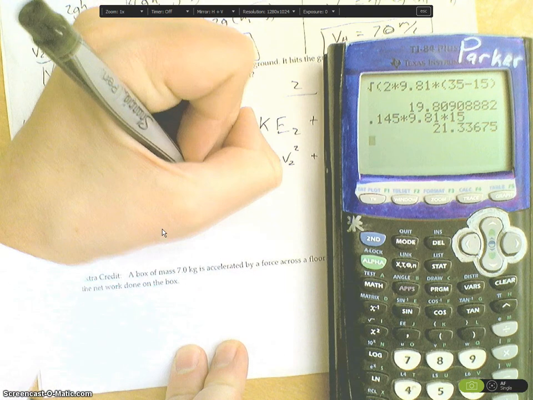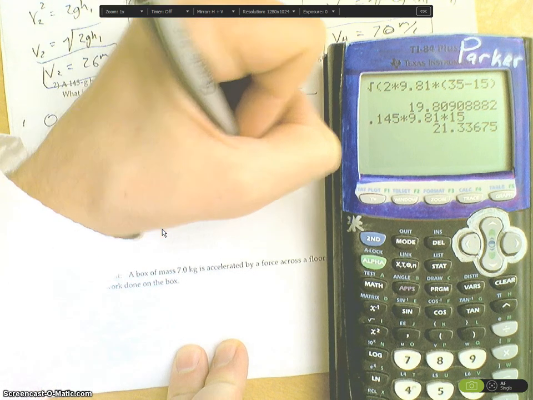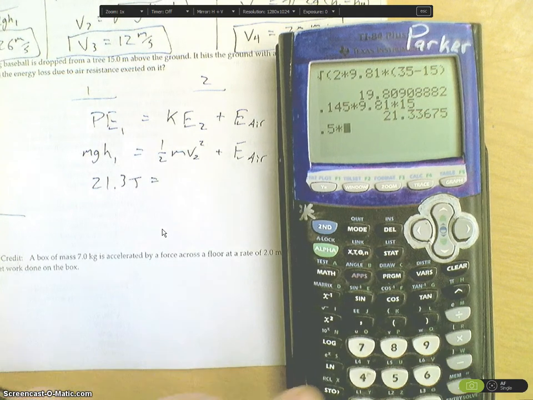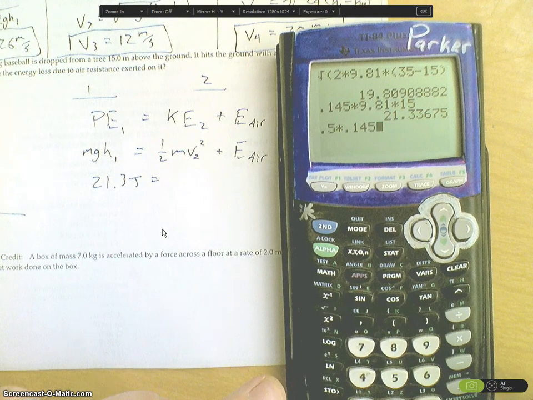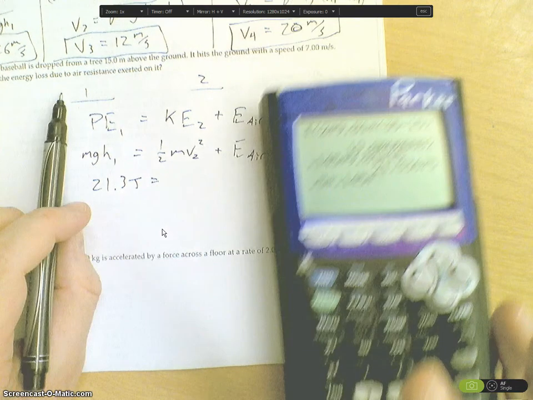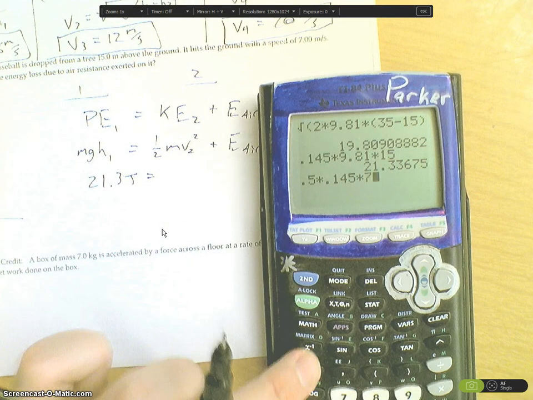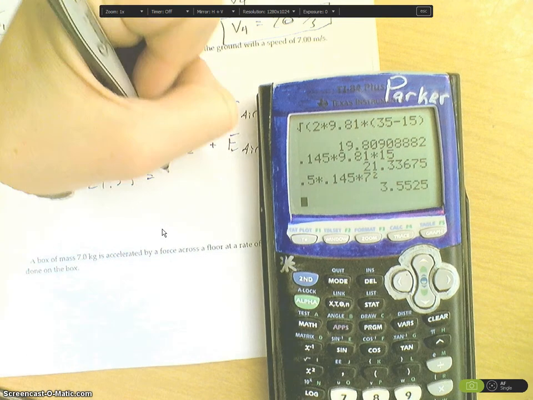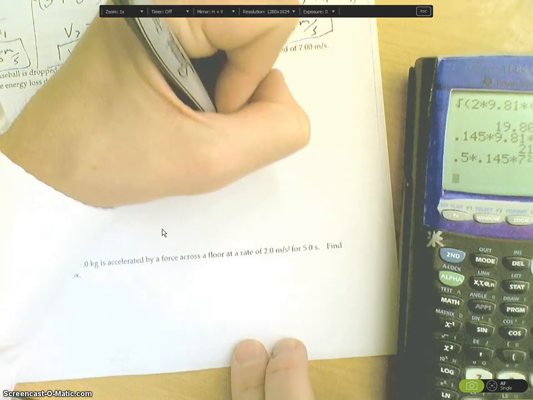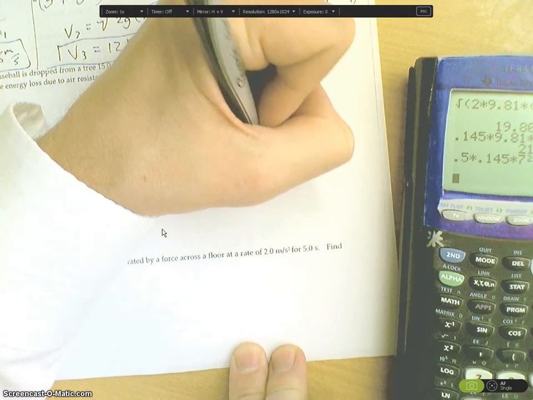So that's 21.3 joules, which is equal to 0.5 times 0.145 times the velocity squared, which was given here, 7 squared, 3.55 joules, plus energy of the air.